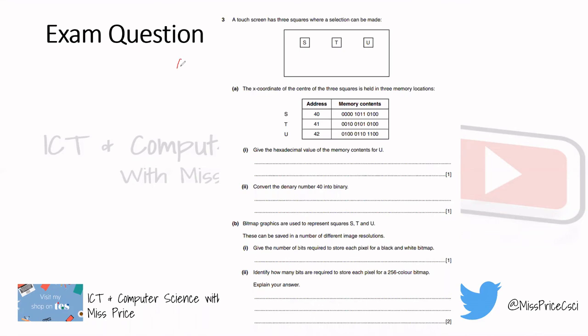So I'm going to draw my little table that I like to draw. 8, 16, 32. I don't think we need to go any further than 32, do we? We know what to do.